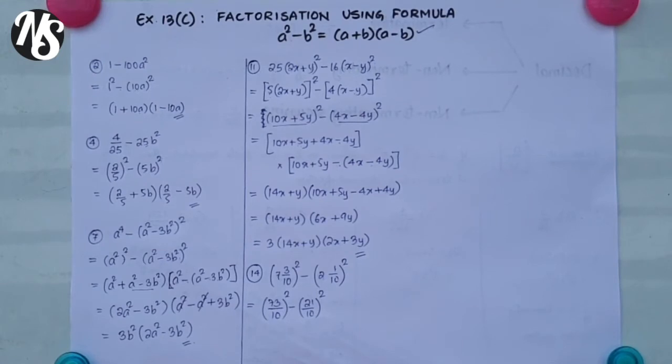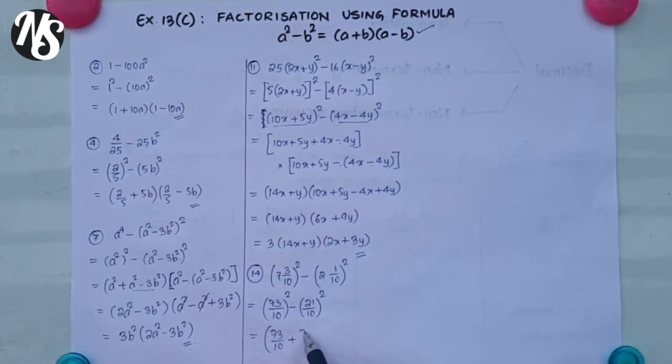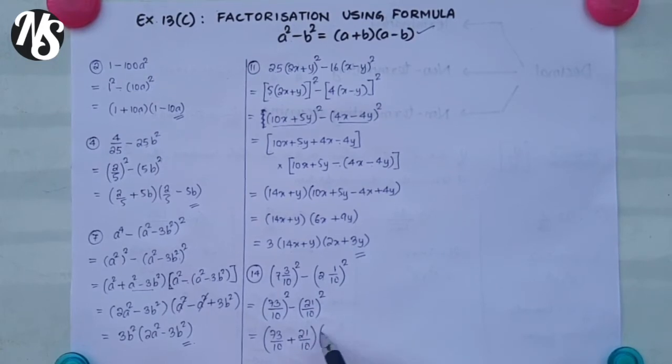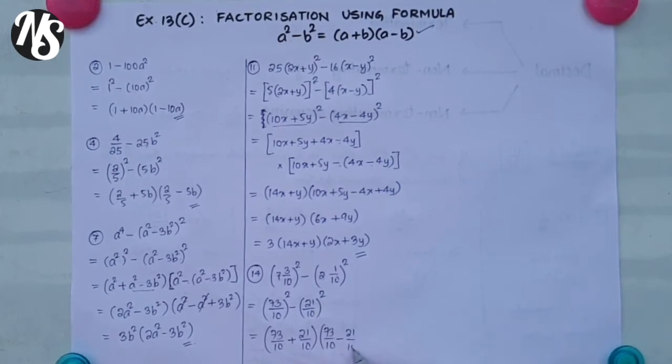Now what am I going to do is, this is your a, this is your b. So a square minus b square. A square minus b square, all of you know, is a plus b into a minus b. This is your a, b is 21 by 10. So a plus b into a minus b, that is 73 by 10, a minus b, b is 21 by 10.